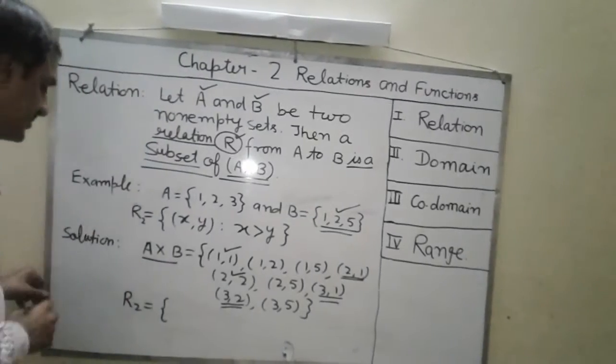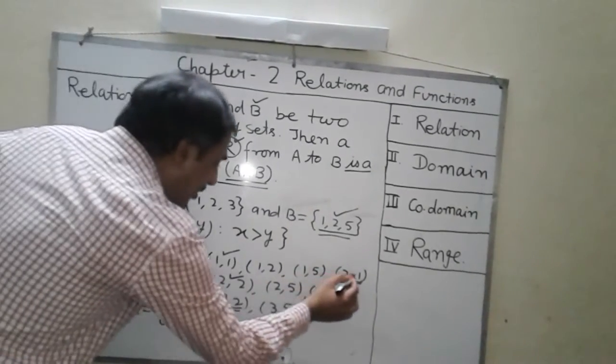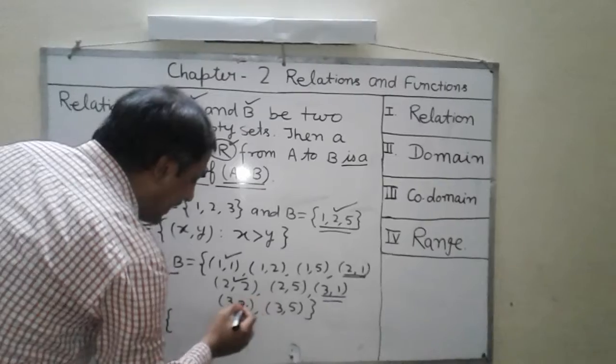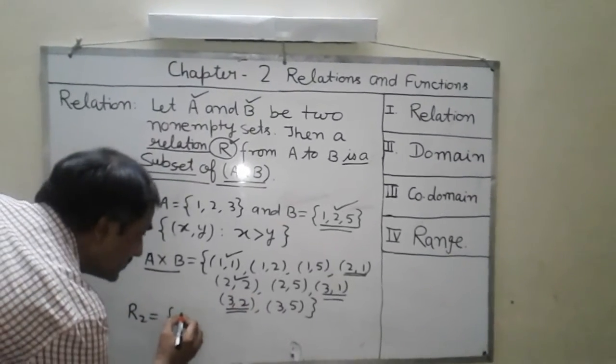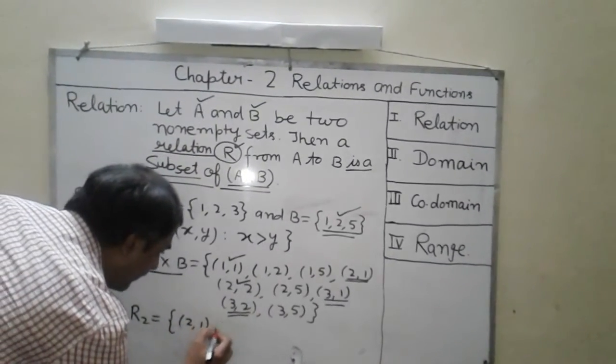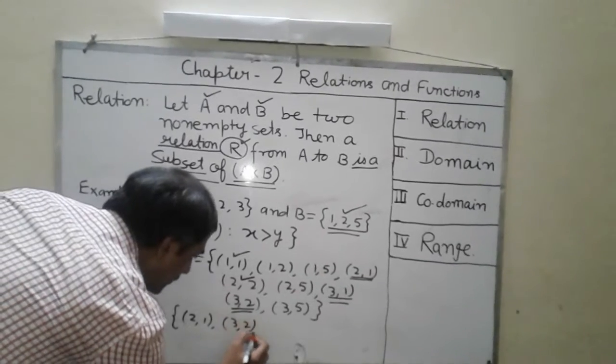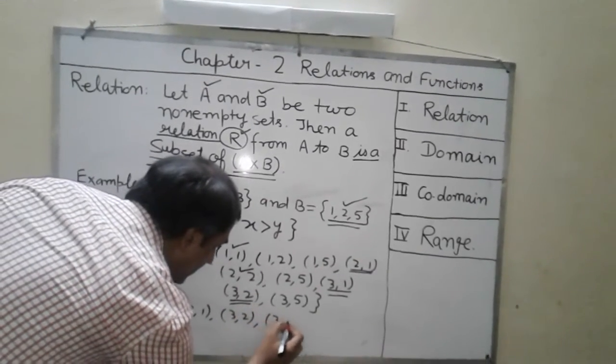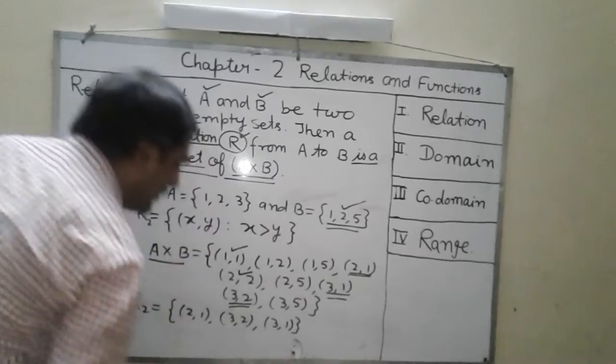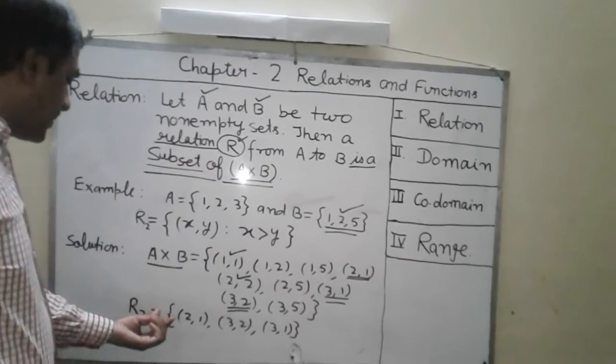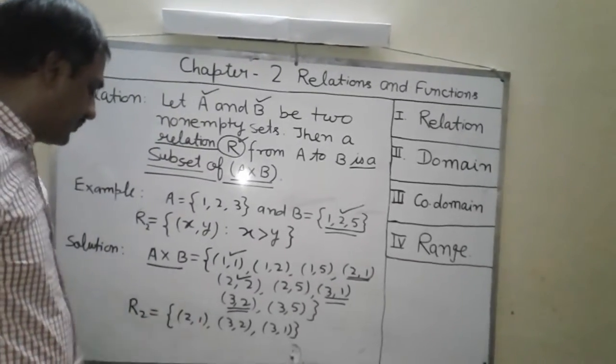So for this relation, we will write (2, 1), (3, 2) and (3, 1). Here, this is R2.